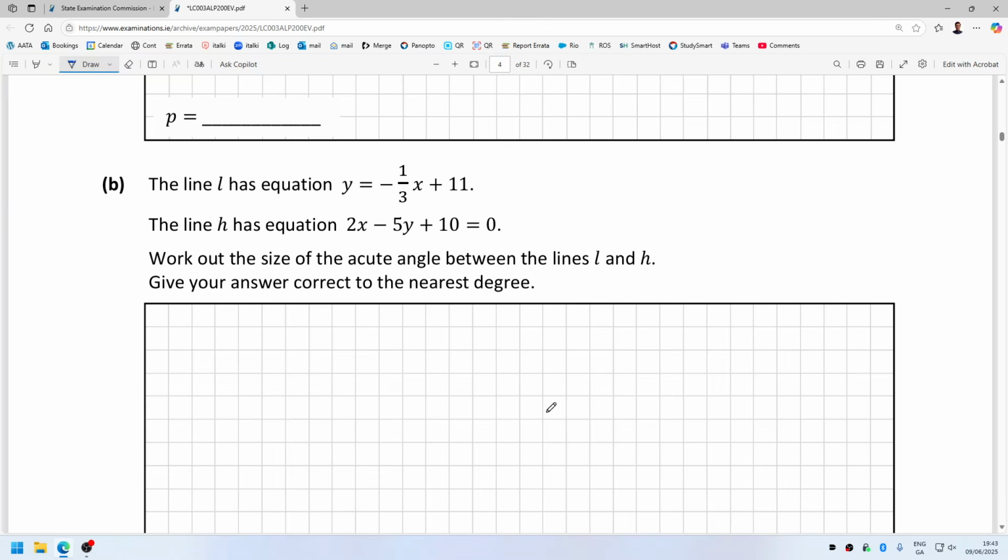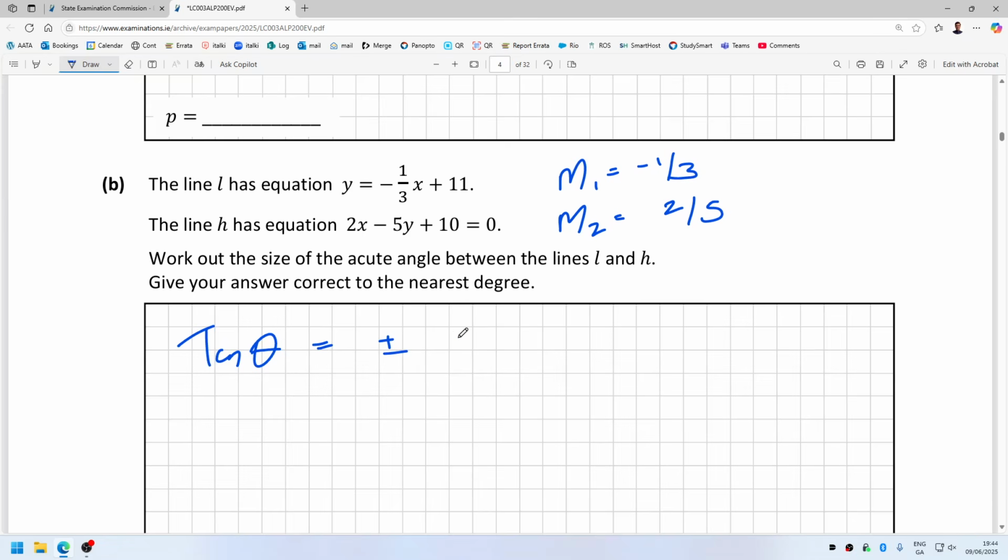The line L is that, the line H is that. Work out the size of the acute angle between the lines L and H. Give your answer to the nearest degree. So here the slope of this one is minus 1 over 3, and here the slope of this one is 2 over 5, right? Because you take the 5y over and divide by 2, and then it's the formula tan theta, isn't it?